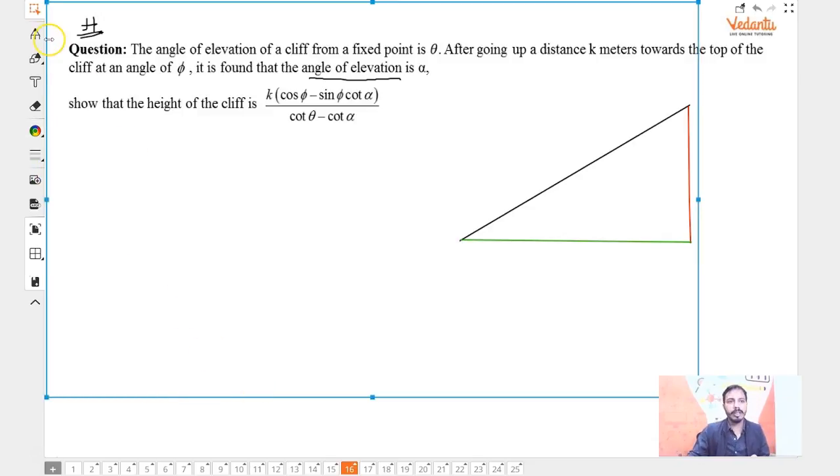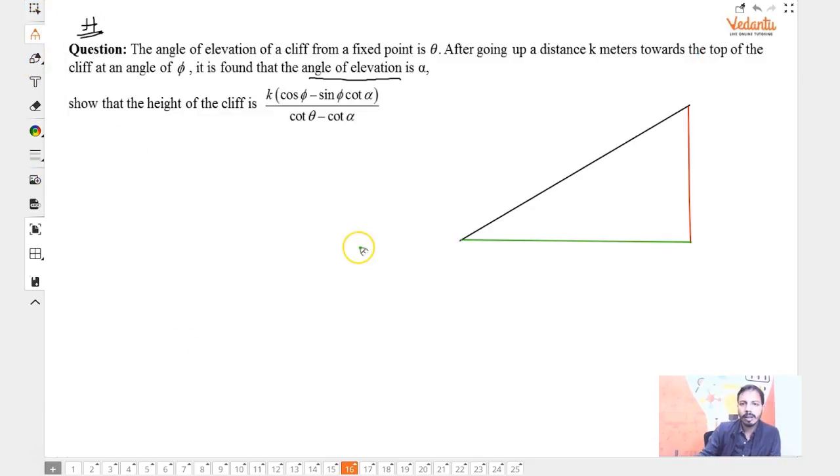Now this angle in green is theta. Now they are saying that once you go some distance towards the top, so this is the top, you go at an angle phi.